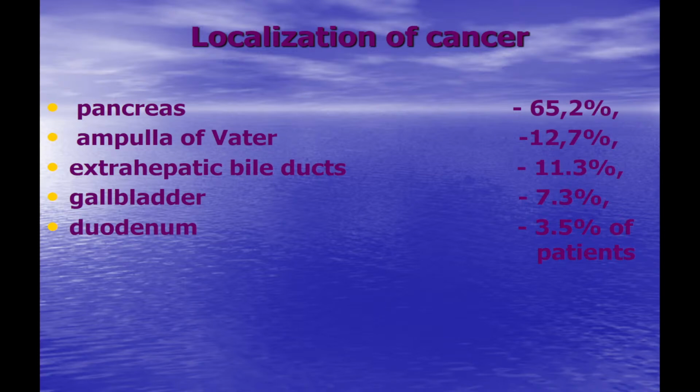Pancreas 65.2%, ampulla of Vater 12.7%, extrahepatic bile duct 11.3%, gallbladder 7.3%, duodenum is 3.5% of patients.